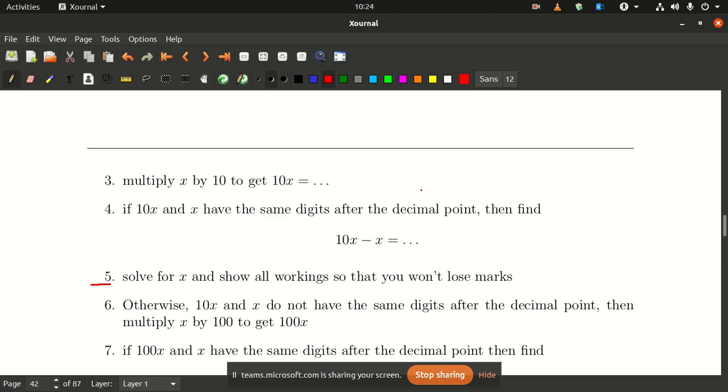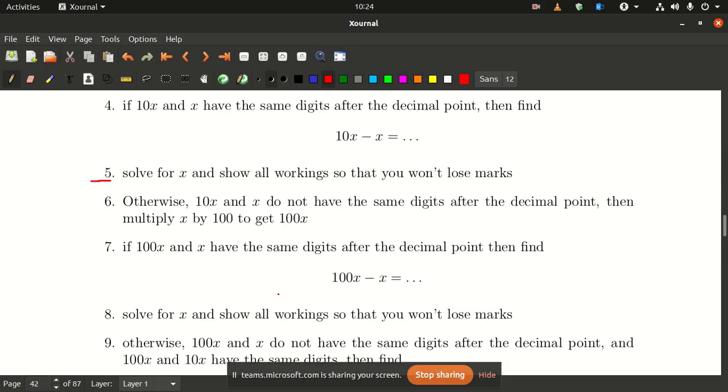But if the numbers after multiplying by 10 are still not the same between x and 10x, then we don't multiply by 10, we multiply by 100. In other words, we are moving the decimal point 2 times. Then you find the difference, 100x minus x.